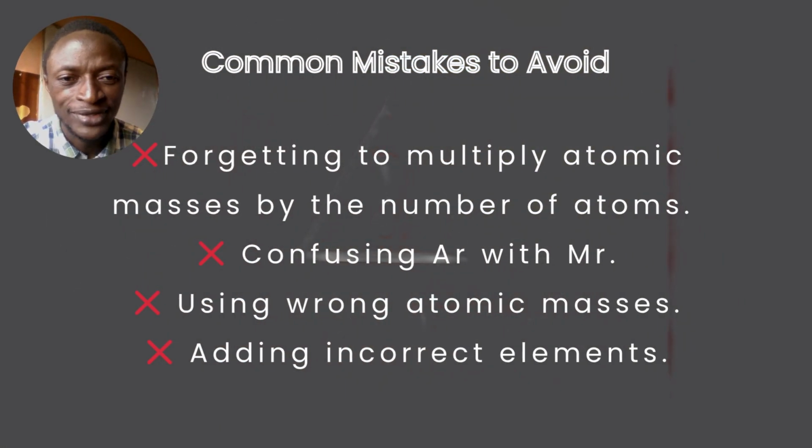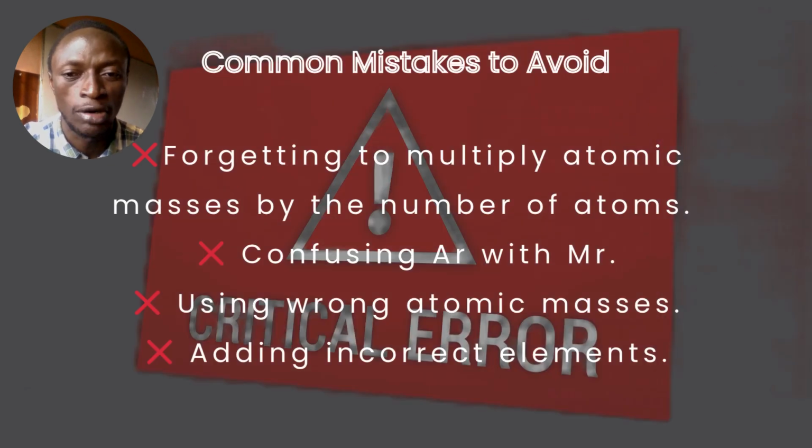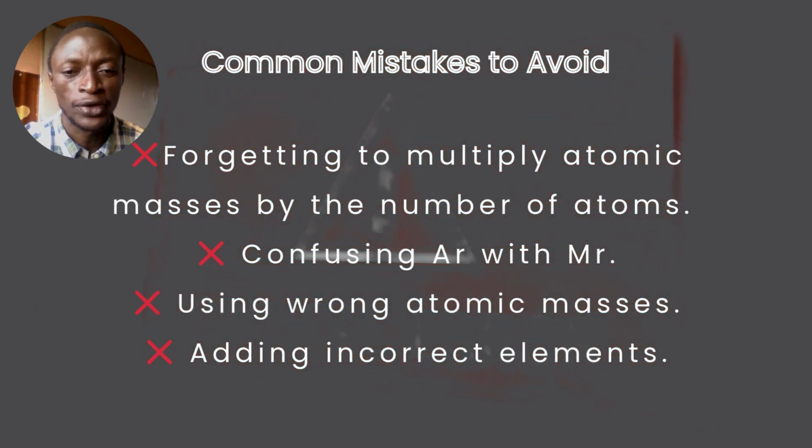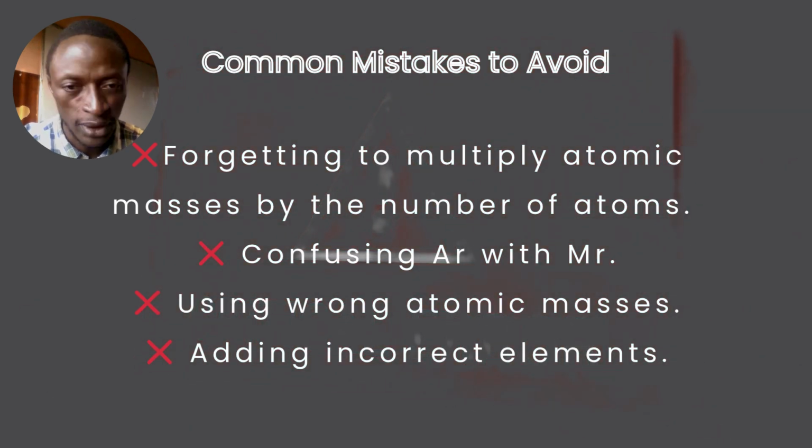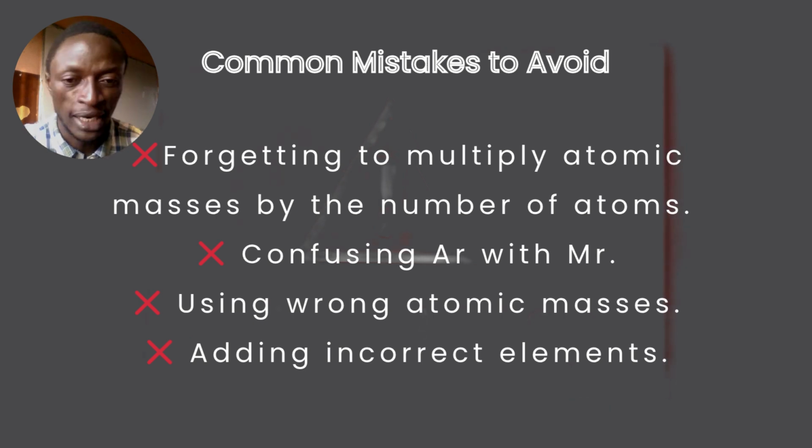Okay, there are some common mistakes to be avoided while calculating the RMM of a compound. The first mistake that should be avoided is forgetting to multiply atomic masses by the number of atoms. Please don't forget to multiply the atomic mass by the number of the atom you have counted.